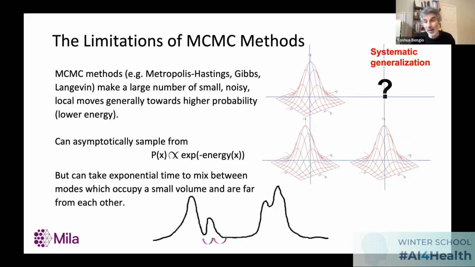It's much more likely to go back to the good things that it has seen before. And so if the modes are far from each other in high dimension, and in addition, if they occupy small volume, it's very hard for MCMC methods to work well. So the small volume thing is that, of course, there's another way to find those modes, which is to throw darts. Right?